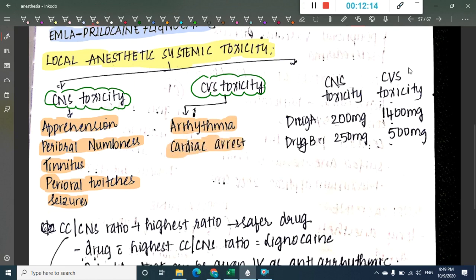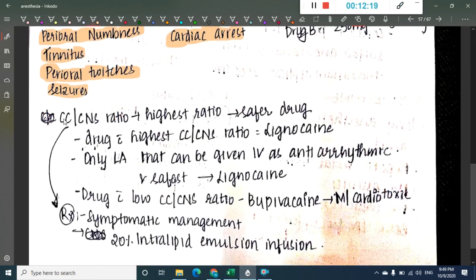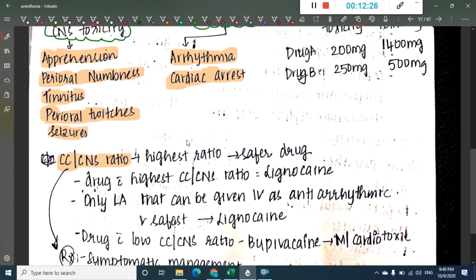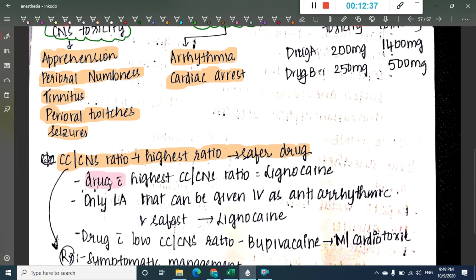Those drugs which have a high CVS toxicity to CNS toxicity ratio are called safer drugs. That is, if they have higher CVS toxicity threshold compared to CNS toxicity, those are safer drugs. So which drug has the highest CVS to CNS ratio? It is lignocaine, and lignocaine is the safest drug.